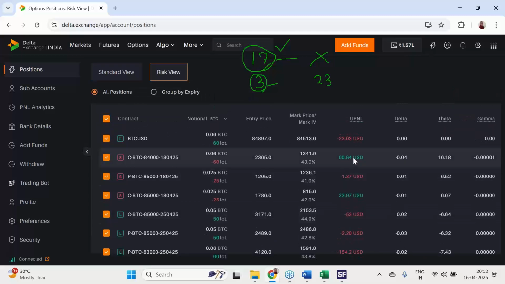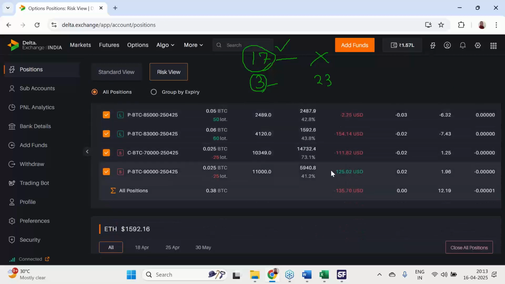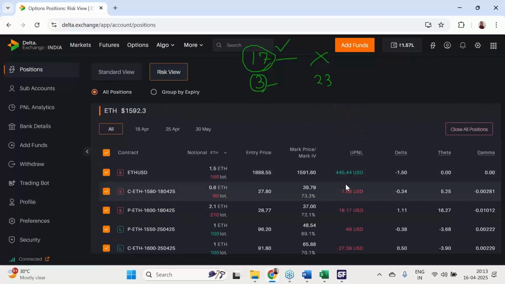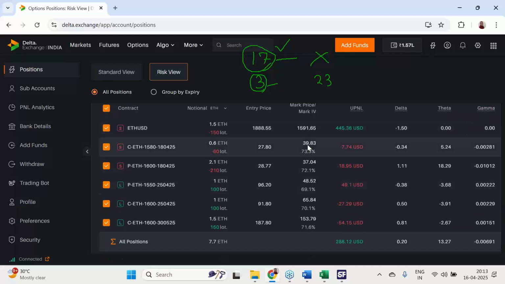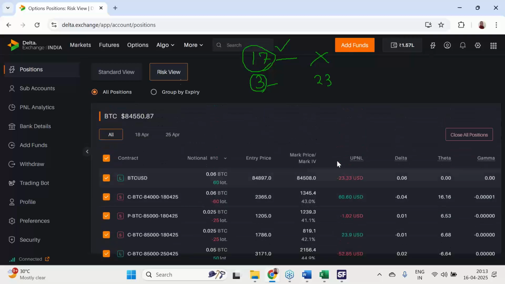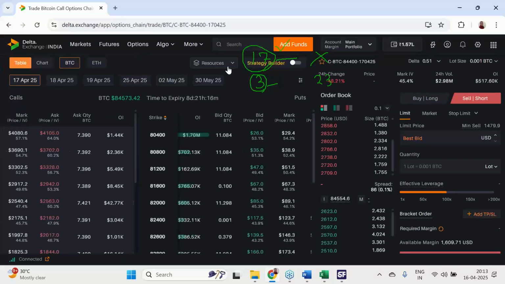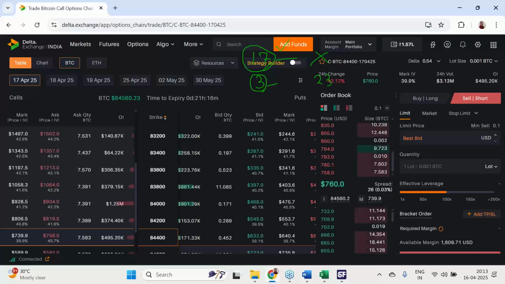So all are maturing. See $60, $23. Future gone to negative, it will come to positive. Here too you are seeing this. So here also some future positive. So here $39. So these are the things, daily expiry options are there. Combination of strategies are there. Every day basis, it will give you the gains.